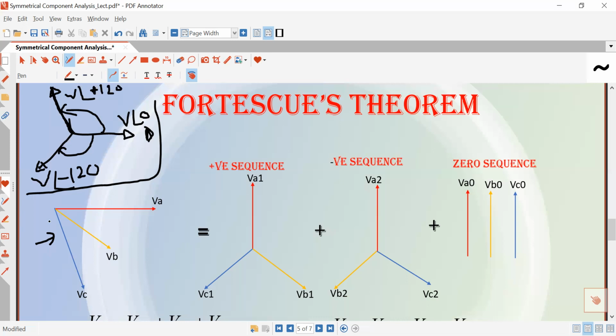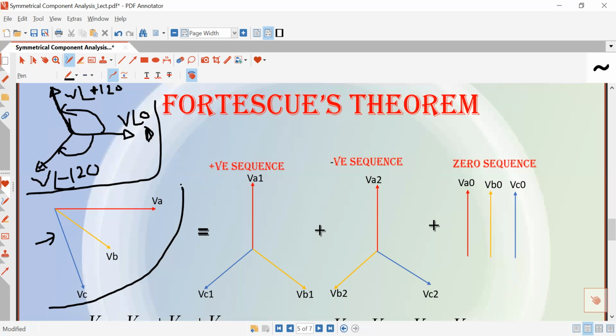Now, what is symmetrical component analysis? According to symmetrical component analysis, the three unsymmetrical and unbalanced phasors of a three-phase system can be resolved into three components, in which two components will make a balanced system and one component will be the zero sequence component.